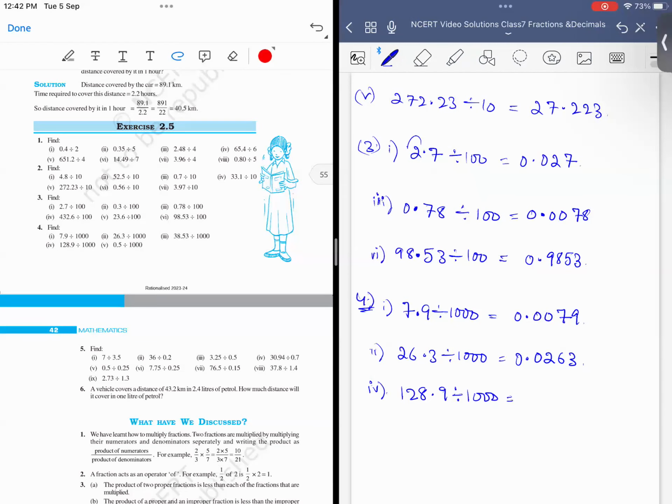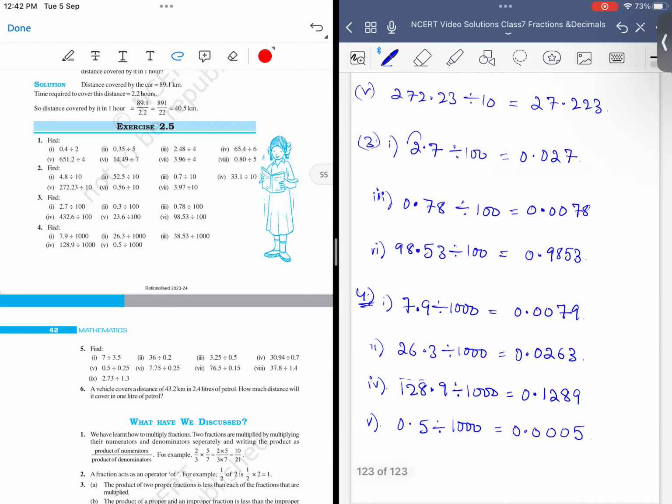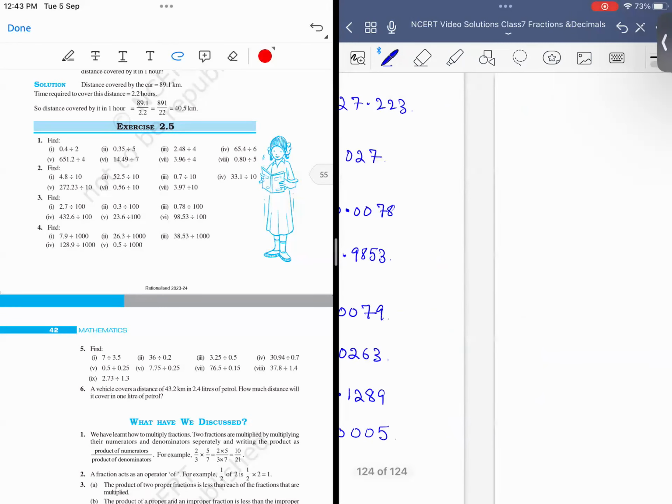When this decimal moves 1, 2, 3, it will come before 1, so 0.1289. And the last question, 0.5 divided by 1000. You see, the decimal has to go three places, 0.0005. So this is how we do the divisions. Question number 5.